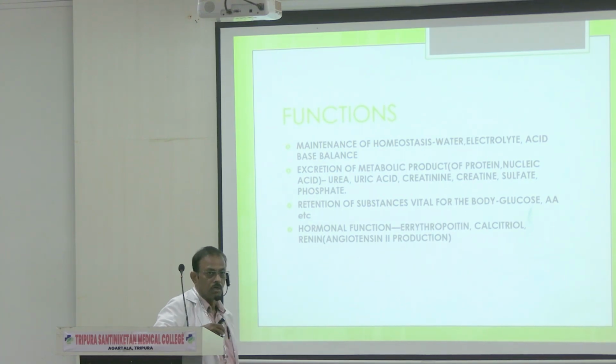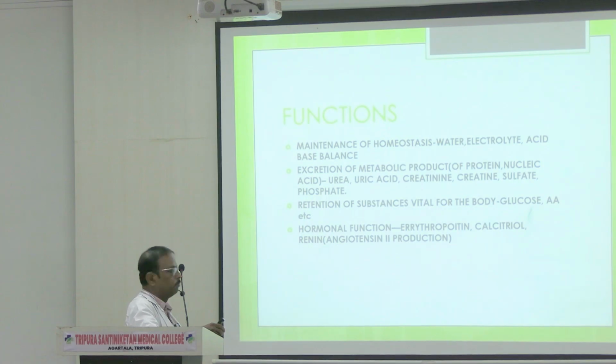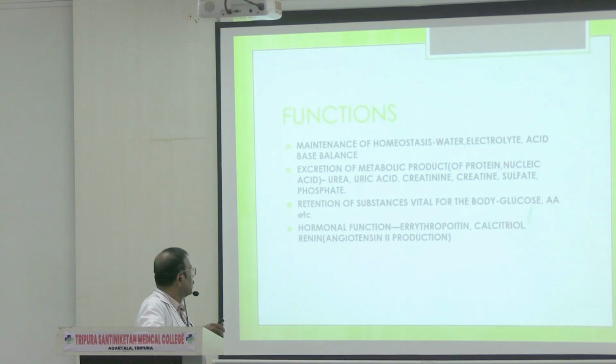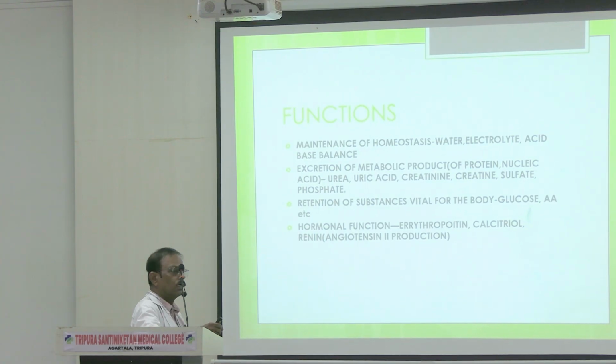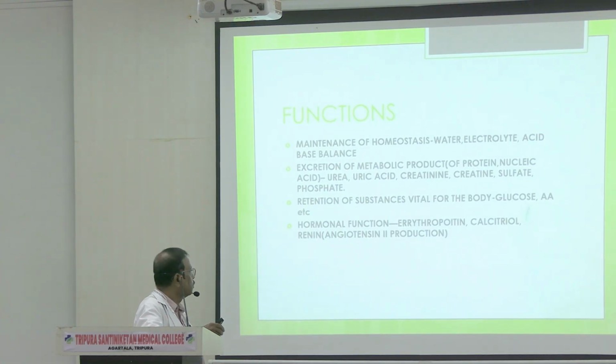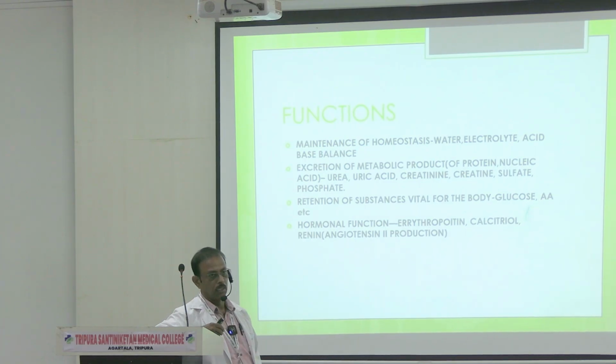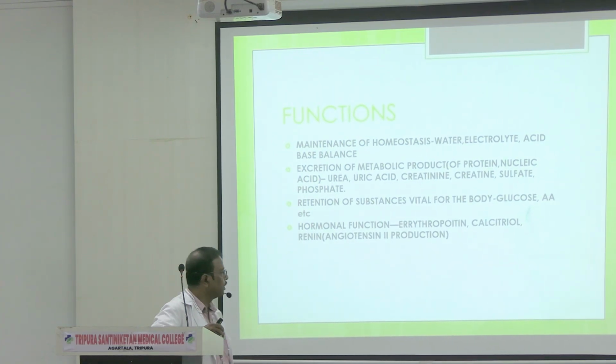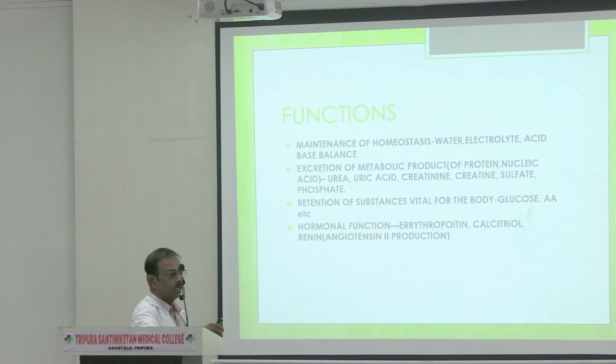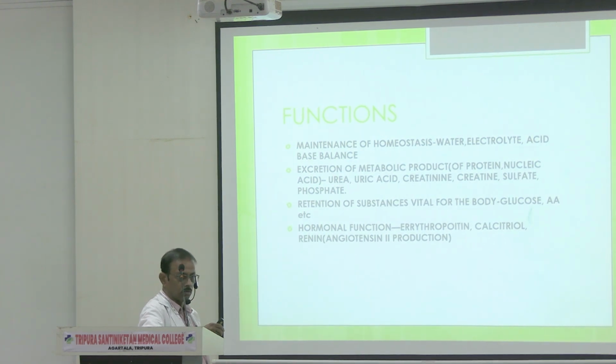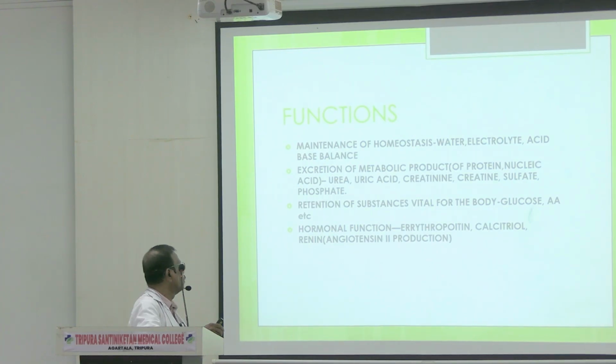Then calcitriol, as you know, for calcium metabolism, active form of vitamin D. Then renin is required for synthesis of angiotensin II production, and angiotensin II is required for action of the aldosterone, thereby regulating the water and mineral metabolism.